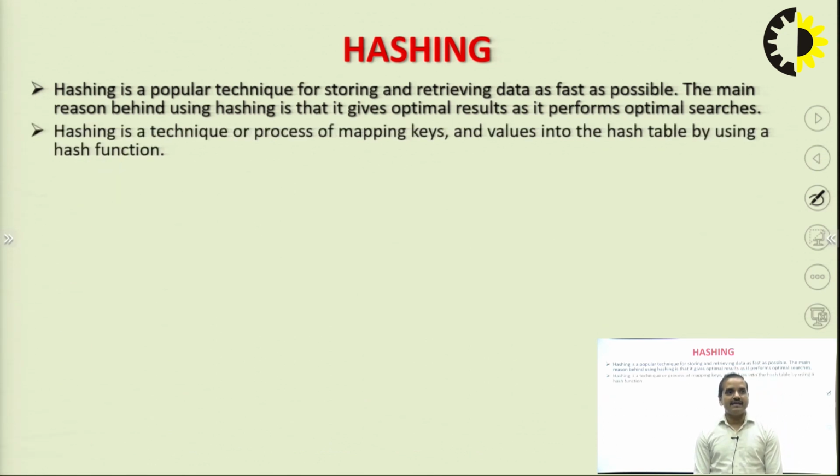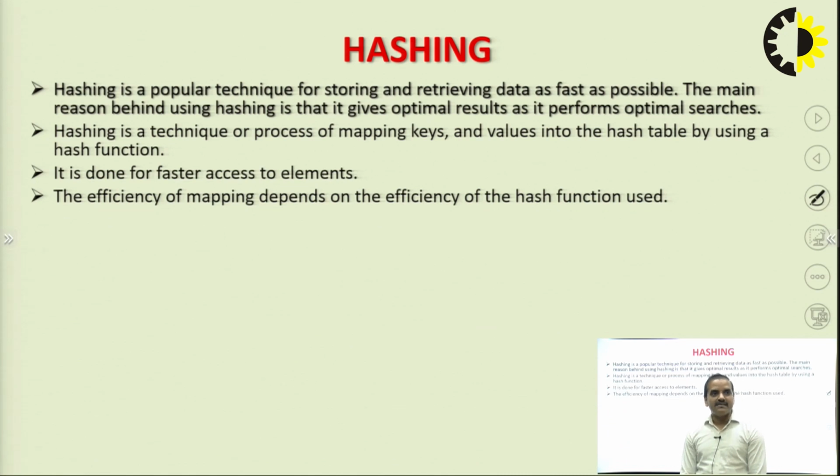The second point is hashing is a technique or process of mapping keys and values into the hash table by using a hash function. A hash function is a mathematical function by which we sort the given element or search a given element in an efficient manner.